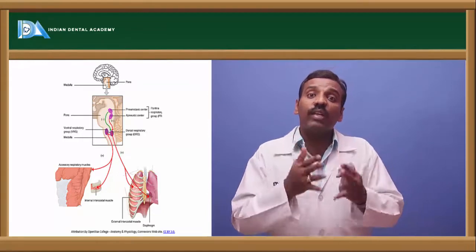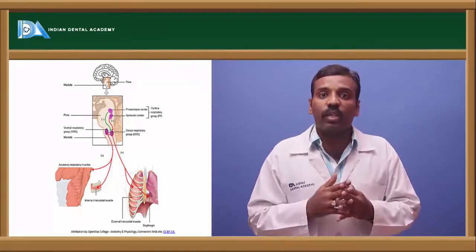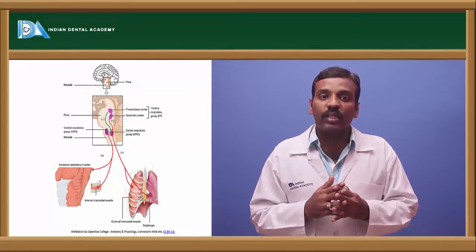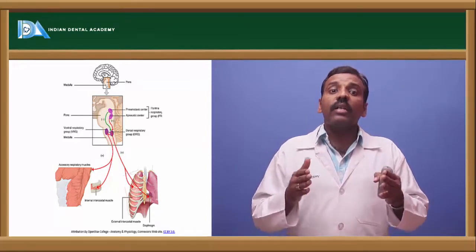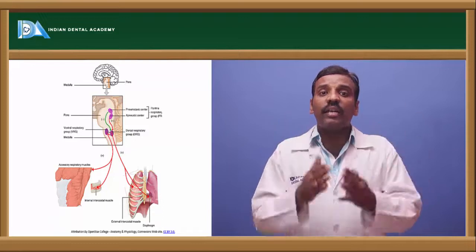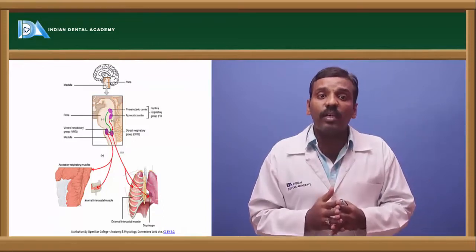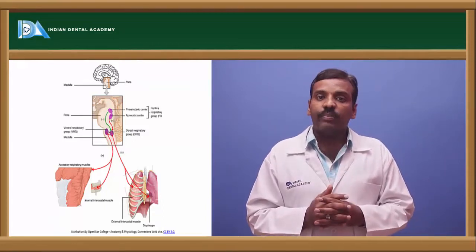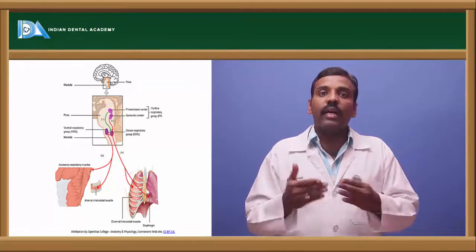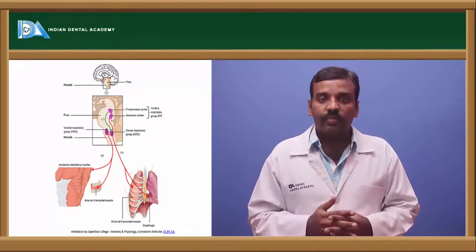In the case of chemoreceptors, there are two types present in chemical regulation. The chemoreceptors send information directly to the inspiratory centers, nothing but the dorsal group of neurons. By that, inspiration occurs.